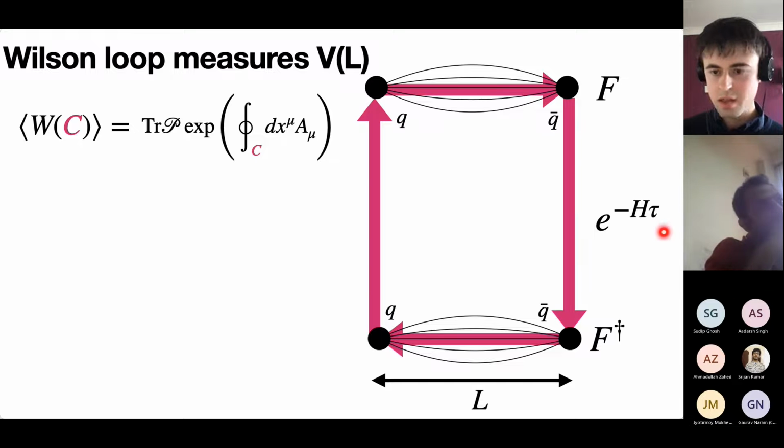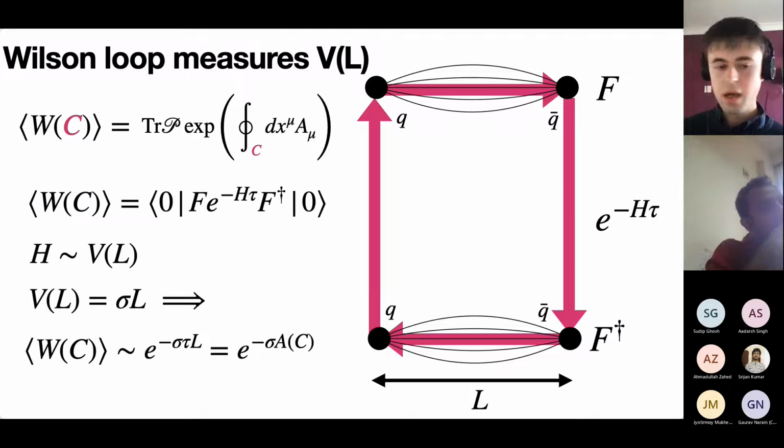We take tau to be large so that only the lowest energy state will dominate, and then finally we annihilate them. And therefore, an expression for the Wilson loop in the operator formalism is this.